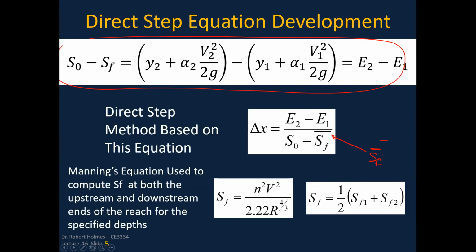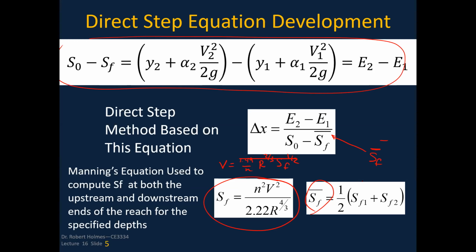And so remember that we have the Manning equation, V is equal to 1.49 over n, R to the 2/3, S sub F to the 1/2. Well, if we rearrange that, we end up with this equation to express our S sub F. And there are a number of ways to get this S sub F over bar, this average friction slope between section 1 and section 2.